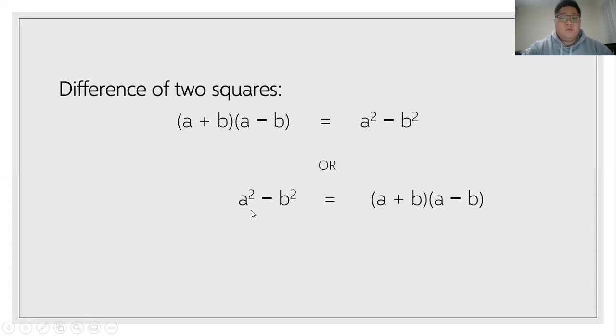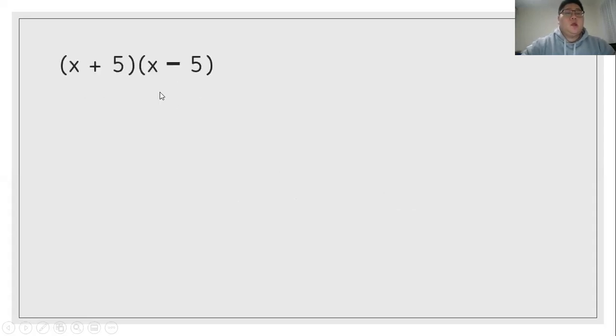If you see it this way, it means exactly the same thing. So here's an example here, (x plus 5) times (x minus 5). So first thing we do, we write out our rule, which is this one here. And then we look at our rule, it says if it's in this formation, we can do this.